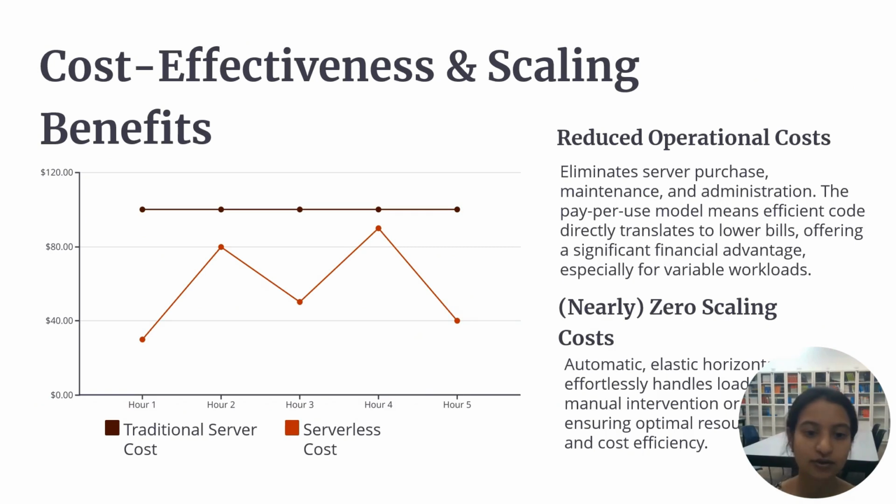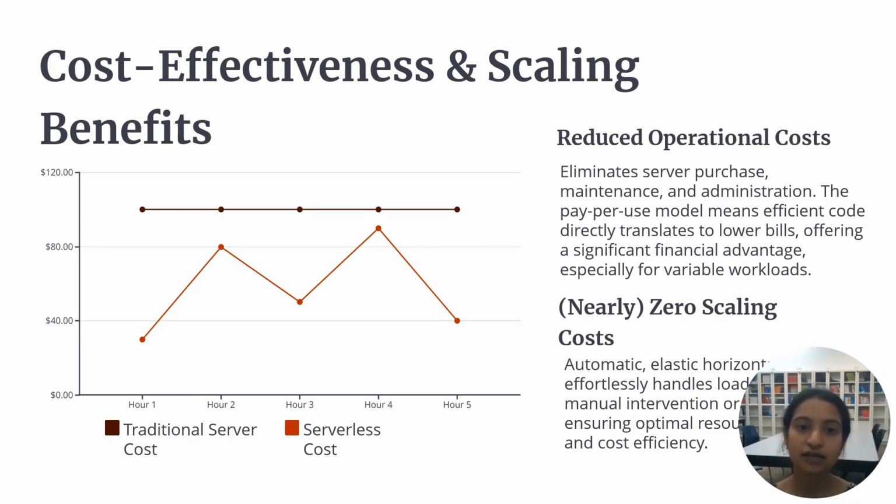The next one is cost effectiveness and scaling benefits. Basically, you're planning your resources according to the users. So when it is more, you will need more servers, more processors, more resources. But when you don't need that, it decreases the number of processors or resources, and this is beneficial for the company from a cost perspective, because when you are using certain products for a continuous time, you need to invest in maintenance and everything.